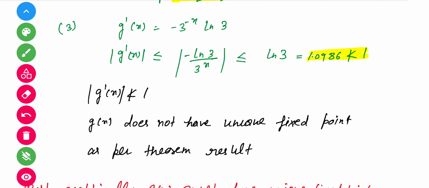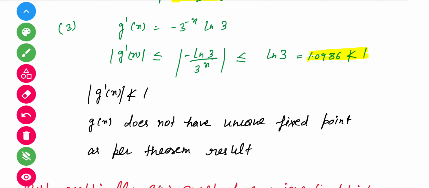So if we replace the x in such a way that the absolute value of g dash of x becomes the maximum, then we will get a value which is greater than 1.